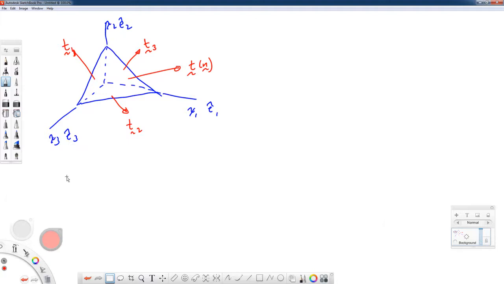And so we're going to define a term sigma ij as the projection of that particular traction vector into the unit basis directions.